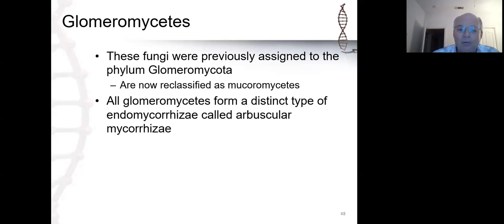But these have now, with the splitting of the Zygomycota into the two clades that we've just been talking about, the Glomeromycota have now been reclassified as Mucoromycota. So they're back amongst the fungi from which they were originally split when Zygomycota was the clade name for all of these.